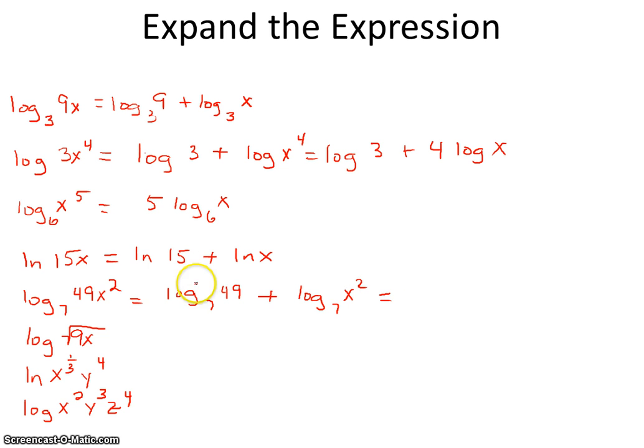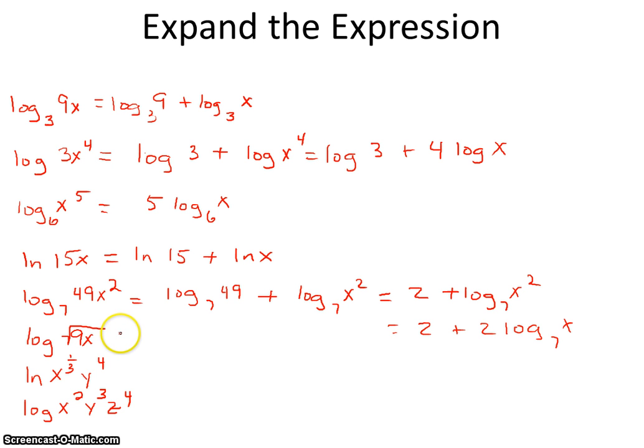So that's going to be log 749 is of course 2 plus log 7x squared, and then I'm not done, and so then I have 2 plus 2 times log 7x. And there's really nothing else you can do. You can factor out that 2, but then it's just 2 times 1 plus, and so you're really as simple as you can get.